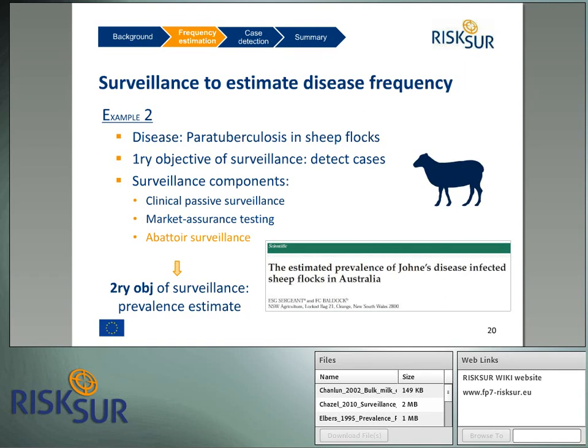By definition, abattoir surveillance is biased towards healthy animals and has imperfect sensitivity. Therefore, crude prevalence estimates from abattoir data are likely to be underestimates of the true prevalence in the whole population. In this paper, the authors derived the true prevalence of infected sheep flocks by using a Bayesian approach, adjusting for prior knowledge of the distribution of infected flocks and sensitivity and specificity of abattoir surveillance.